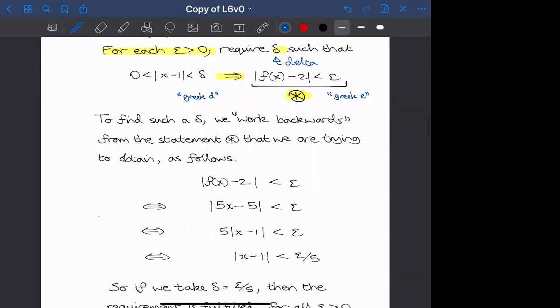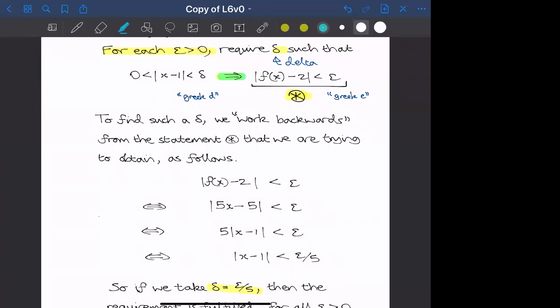And so we see that if |x minus 1| is less than epsilon over 5, then star is true. So we can take delta is epsilon over 5, and then we get our implication.